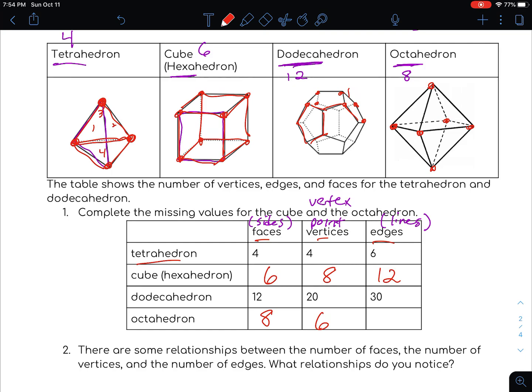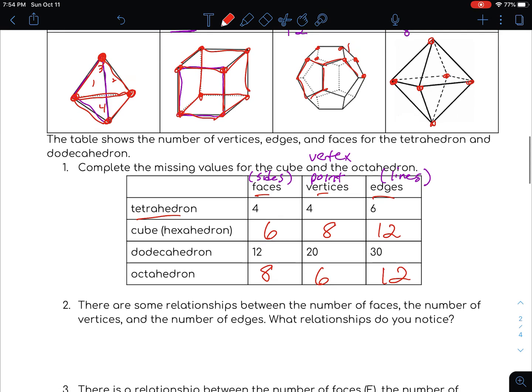All right, if you count up all the edges, you should have, counting them up, also 12. Interesting. Okay. So it's almost like the cube and octahedron kind of have some similarities to them, don't they? So there are some relationships between the number of faces, the number of vertices, and the number of edges. Have you noticed any?